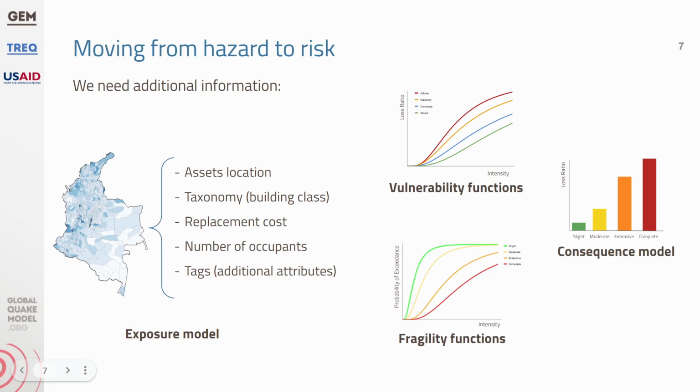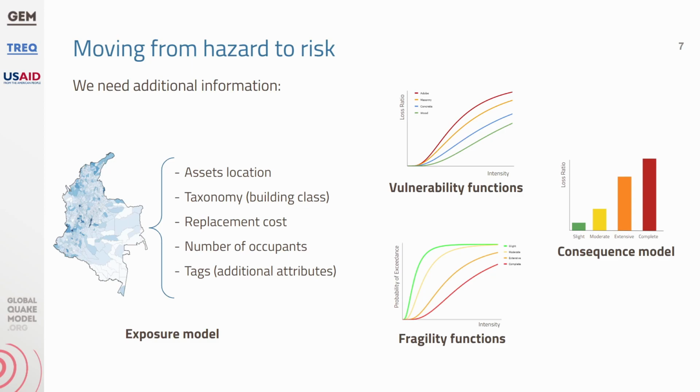Then we would additionally have to input fragility and vulnerability curves, which are models that allow us to correlate the level of ground shaking intensity with the probability of exceeding a certain damage state, as we have seen before in the case of fragility, or reaching a certain loss ratio in the case of vulnerability, for each of the building classes that we have in the exposure model.